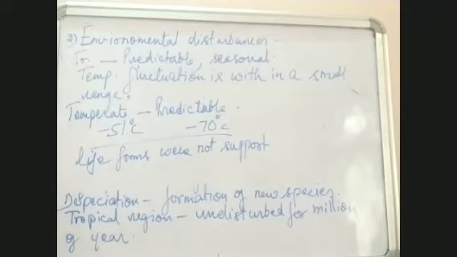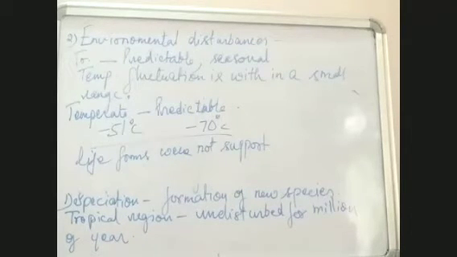Till now I have given you two reasons for the species richness in the tropical region. Number one was speciation: new species were formed because the tropical region was undisturbed for millions of years, which resulted in species diversity. Second was environmental disturbances.